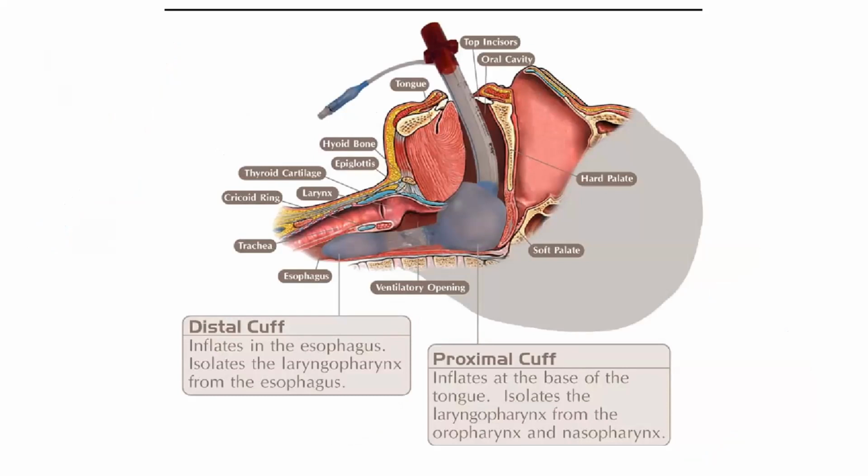In between those two bulbs, they have little holes where the oxygen is going to come out. It's going to go into the trachea and fill the lungs, okay? And then the proximal cuff inflates at the base of the tongue, and it's going to isolate the laryngopharynx from the oropharynx and the nasopharynx. All that oxygen you're pumping in there is going to go into the trachea. Okay, that's what you want.